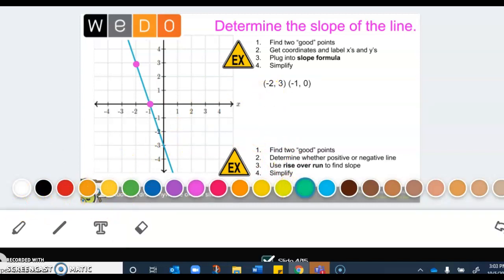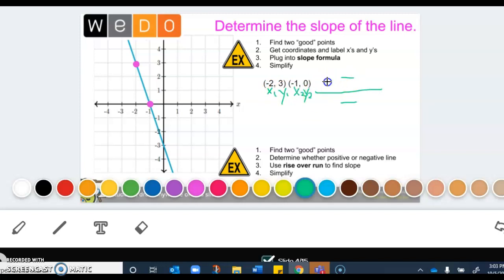If we label our x's, they're going to be x, y, x, y, and then we plug them into our formula. Remember, it's minus on top, minus on bottom. These will be my 1s, these will be my 2s.